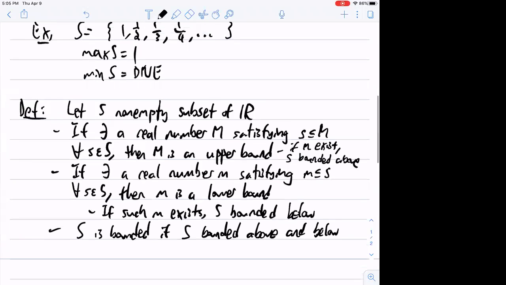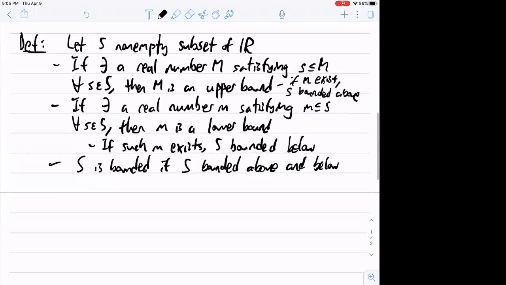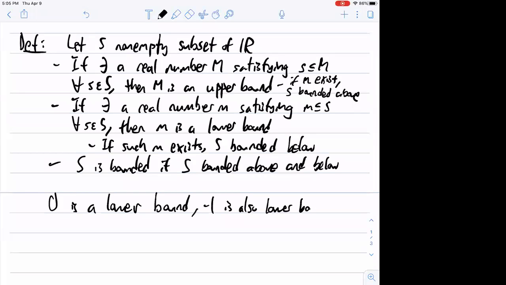So if we go back up, clearly 0 is a lower bound. But there's a problem. If you read the definition, -1 is also a lower bound. Any number below 0 is also a lower bound. In fact, all of these are lower bounds.